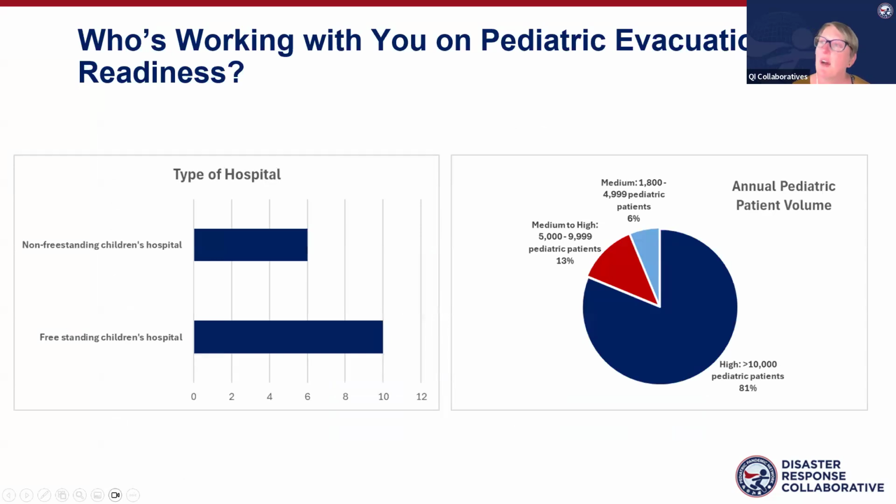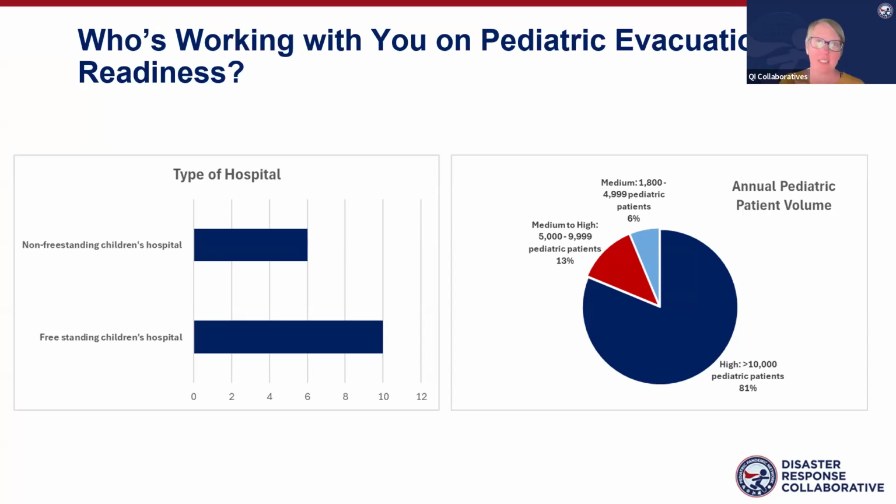As far as the type of hospital, you can see there are more freestanding children's hospitals than non-freestanding children's hospitals. So you have your standalone children's hospitals or children's hospitals within a bigger health system, within that large adult hospital.